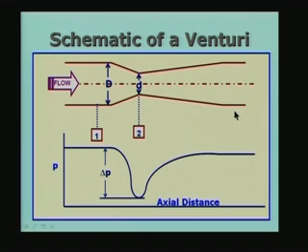The venturi itself is fairly long, compared to the orifice plate, which is just a small plate with a hole in it, or the nozzle, which is a short thing, whereas here it is a very long thing. So, the disadvantage of the venturi is that it requires a long length for installation.